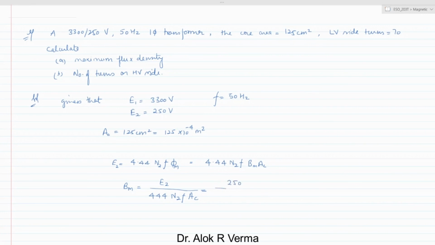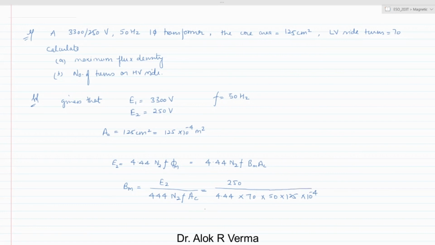Okay, let us write down these values. 250 divided by 4.44 into N2, the number of turns, 70, right? Yeah, 70 into frequency 50 into 125 into 10 to the power minus 4.